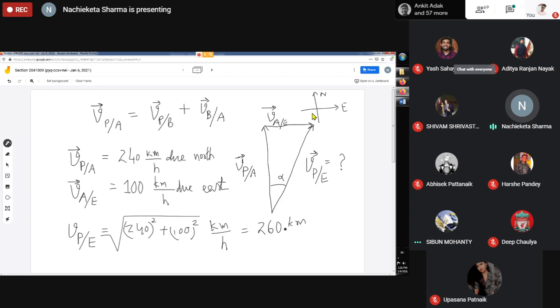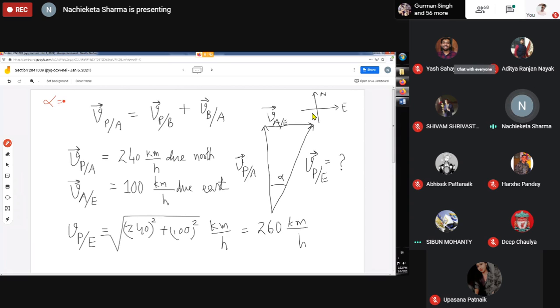To exactly know its direction, we have to find this angle alpha. If you find tan alpha, this is the perpendicular, this is the base for this angle. So tan alpha will be 100 by 240. So alpha is equal to tan inverse 100 by 240.